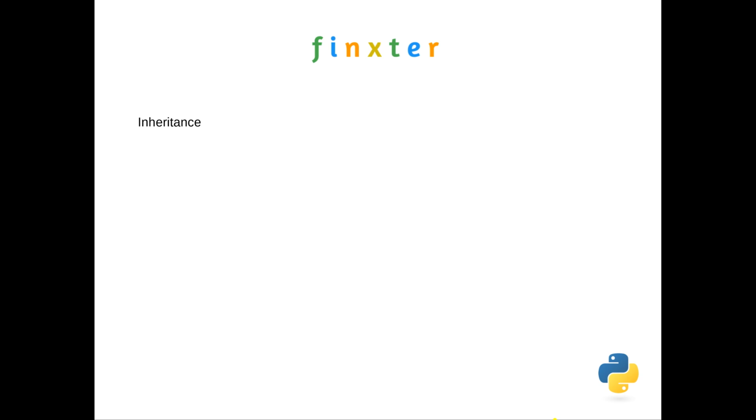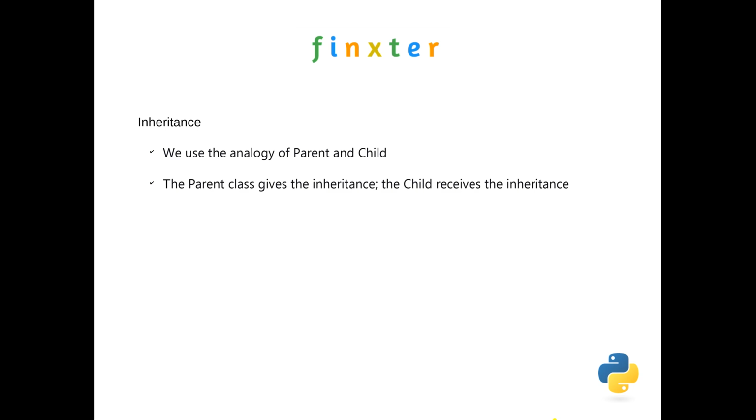So let's talk quickly on inheritance. We use the analogy of parent and child, and the parent class gives the inheritance, the child receives the inheritance. It's an easy way to remember what's going on. That means that the attributes and the methods of an existing class can be inherited by the child and reused.